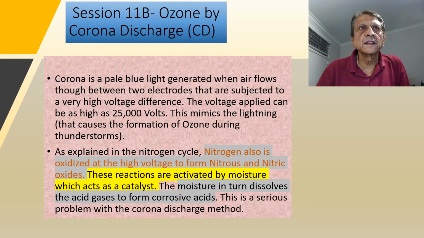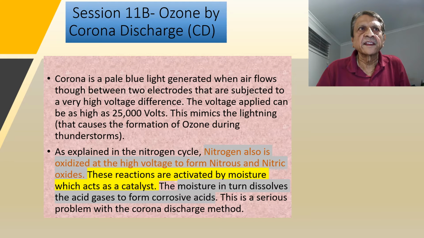The corona is defined as a pale blue light generated when air flows at a very high voltage between two electrodes. Now this voltage can be applied as high as 25,000 volts.